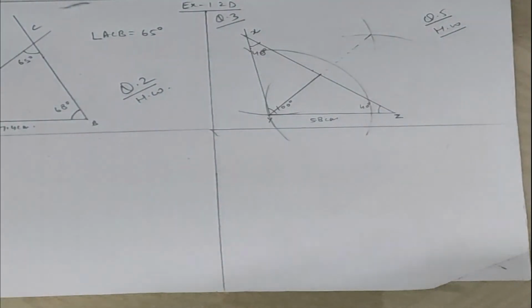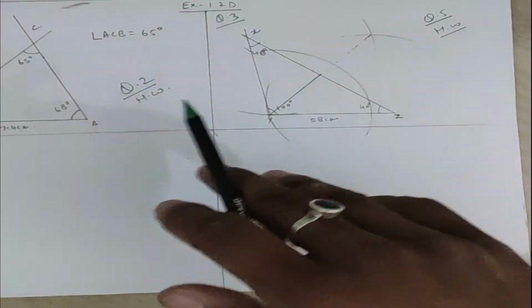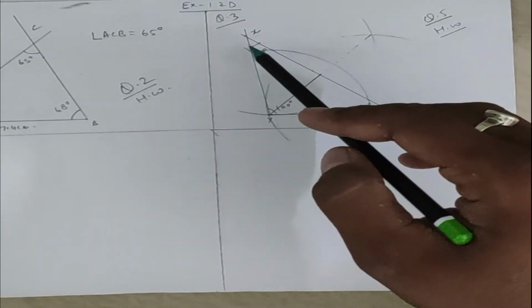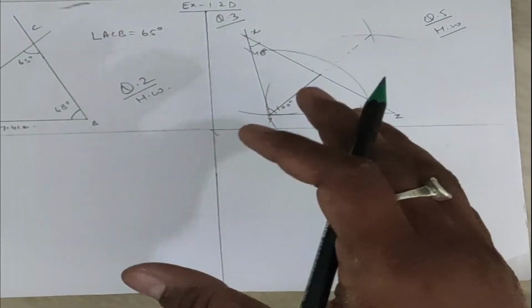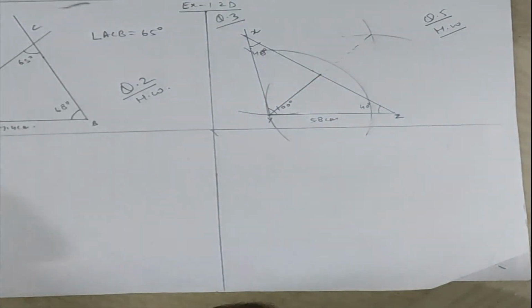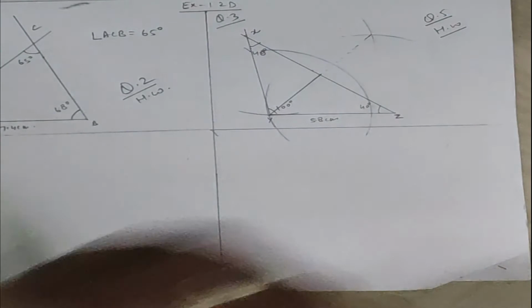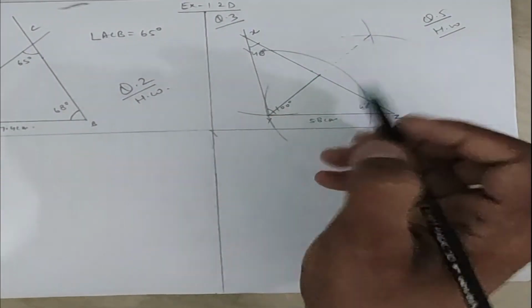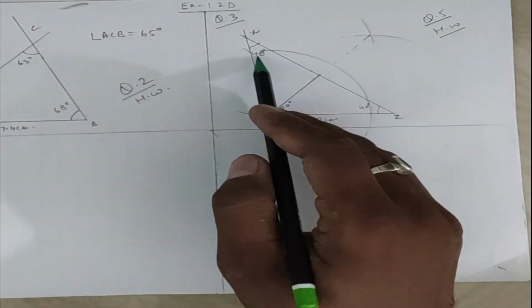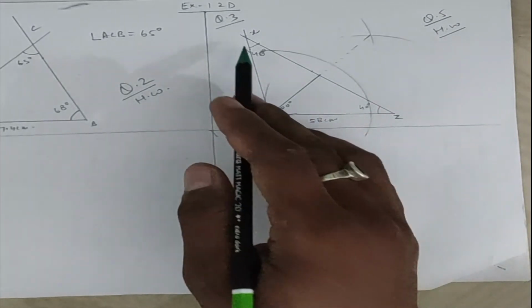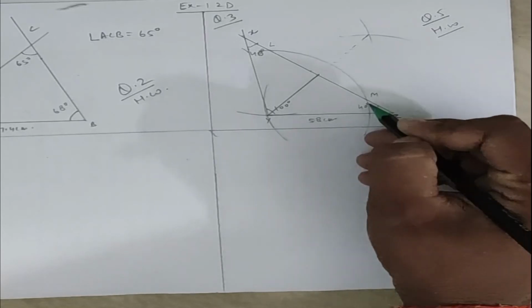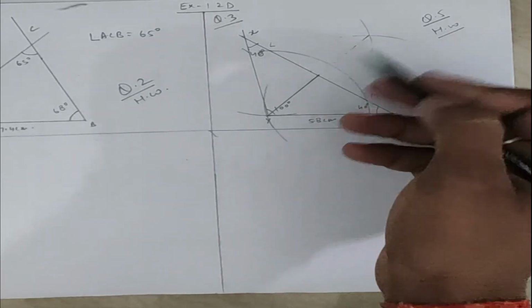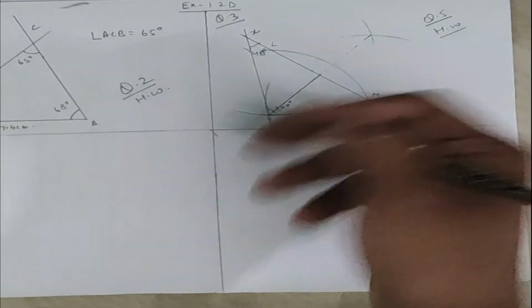Okay, that is X. Now what they have asked, we need to measure the third angle, that is 40 degree. We have measured with the protractor. Then they asked to draw a perpendicular from Y to XZ. So we have taken our compass and made an arc that cuts XZ at L and M. From L and M we have to make two arcs on both sides of that particular line.